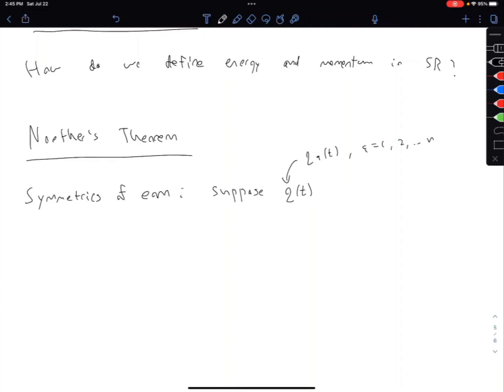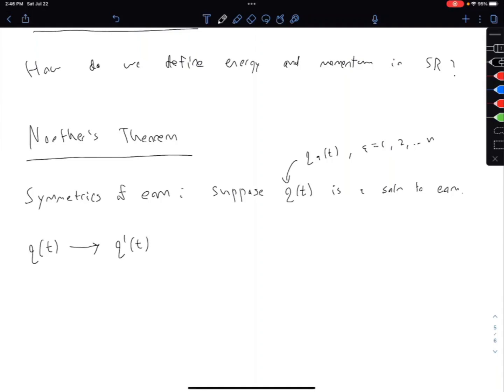It's just any collection of generalized coordinates that determine the solution to the equations of motion, okay? So suppose q of t is a solution to the equations of motion, which I'm just going to write as EOM, okay? Then I'm going to have some baked-in recipe where I take q of t and I do something to it, and I obtain some new trajectory q prime of t, okay?